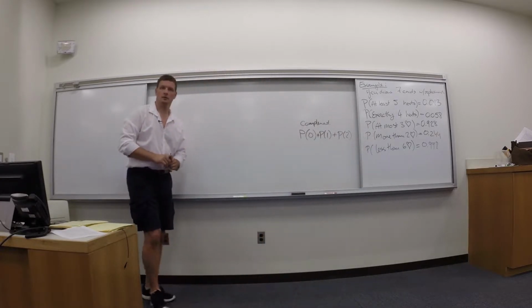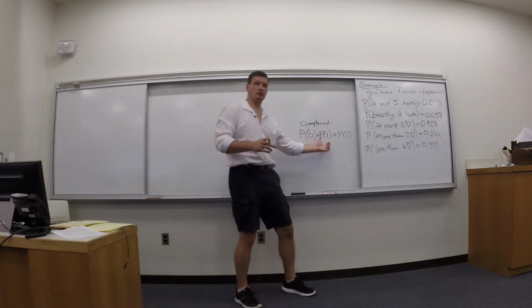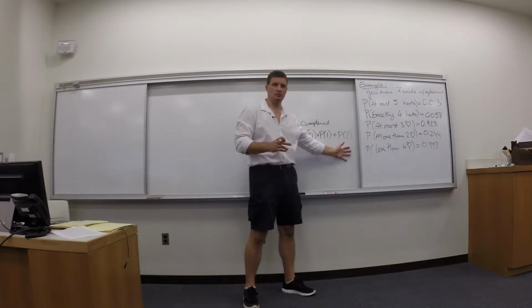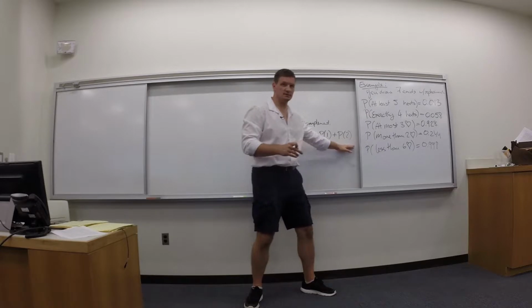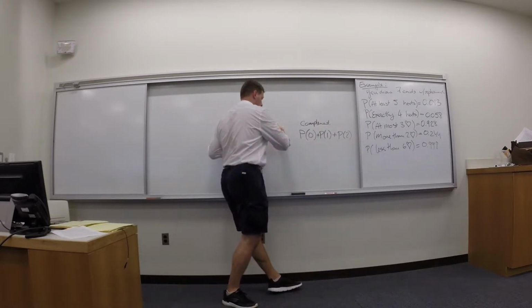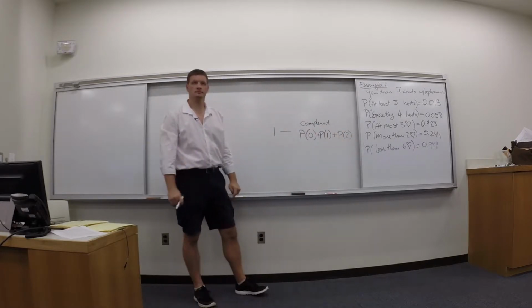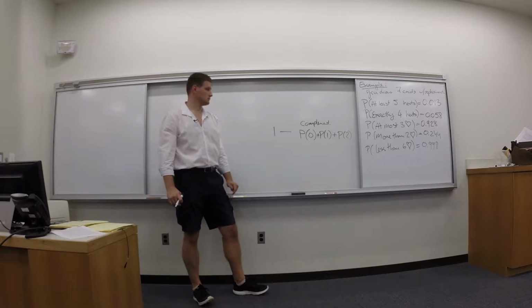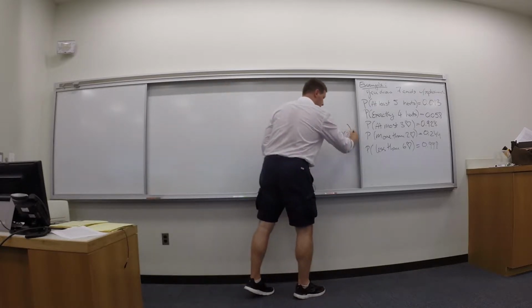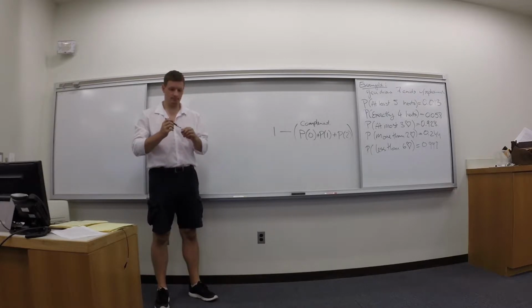Yeah? So the complement would be 0, 1, and 2. Yes? There are fewer numbers here than here. So 1 minus the complement would give you this. Right? That would complete 1 if you added it together.